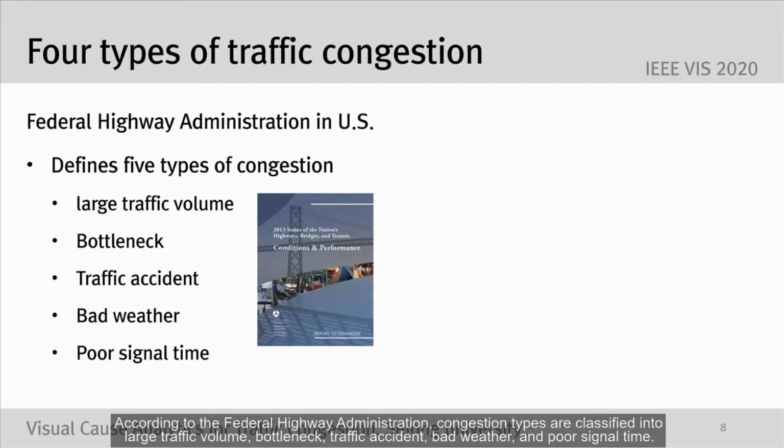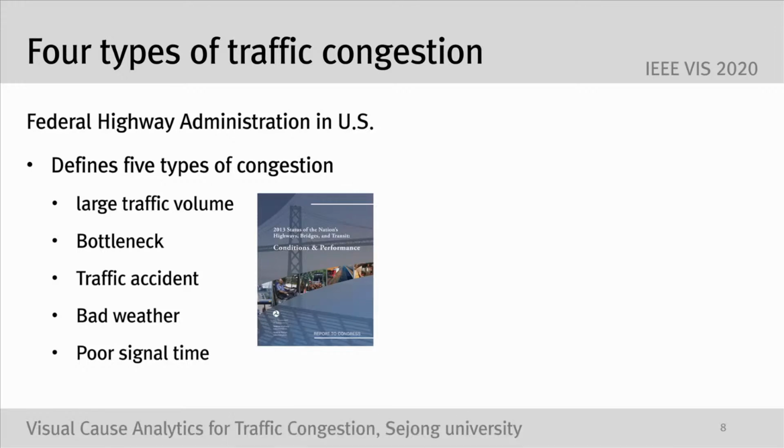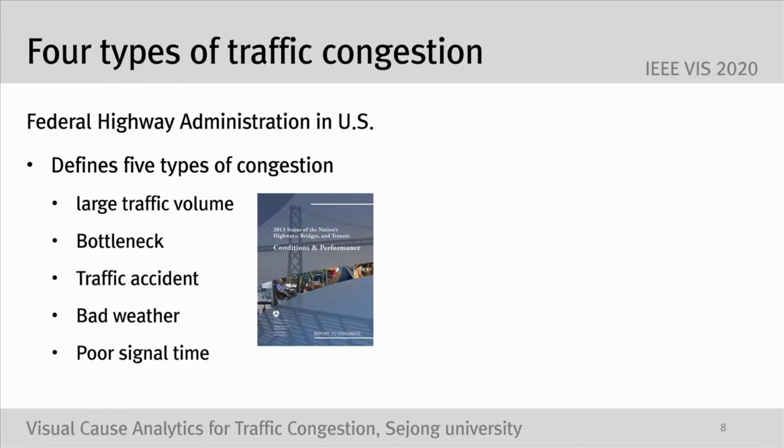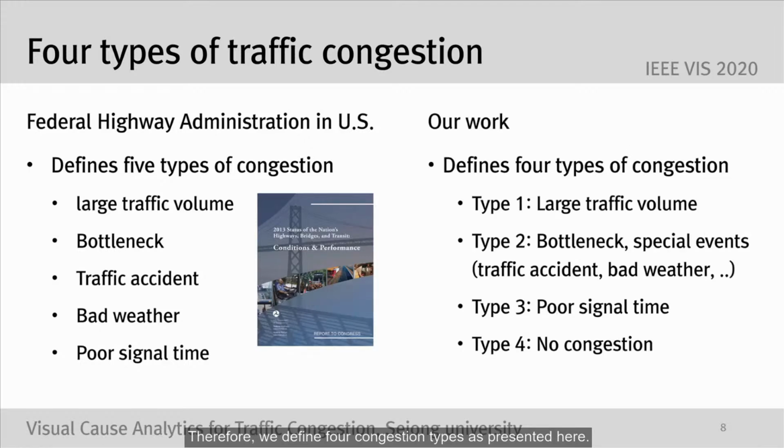According to the Federal Highway Administration, congestion types are classified into large traffic volume, bottleneck, traffic accident, bad weather, and poor signal time. According to the traffic flow theory, bottleneck, traffic accident, and bad weather have similar vehicle flow patterns. Therefore, we define 4 congestion types as presented here.